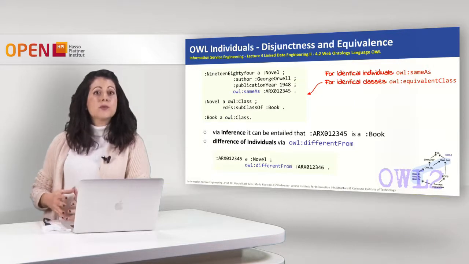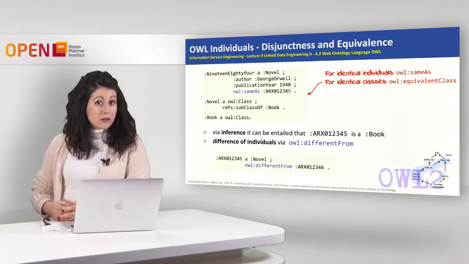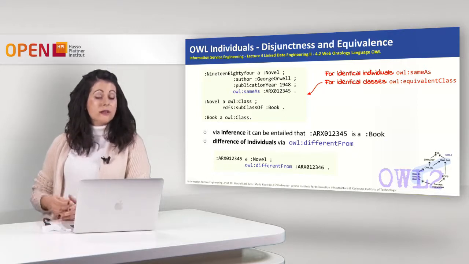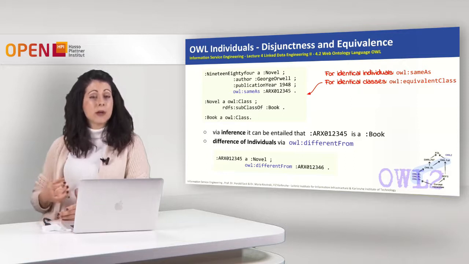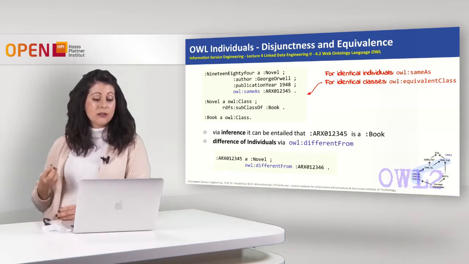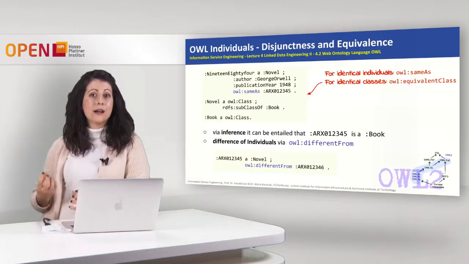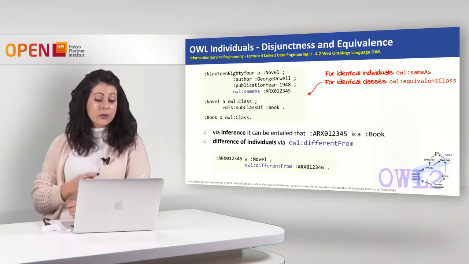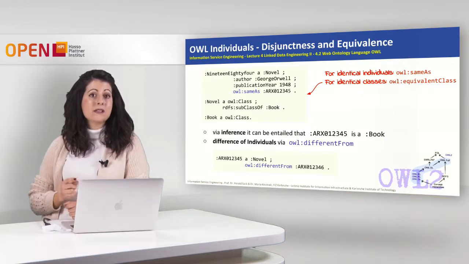And the same concepts of disjointness and equivalence apply also to individuals, apart from classes. So let's see how we define that two individuals are identical. Here we use the property OWL same as to denote that.